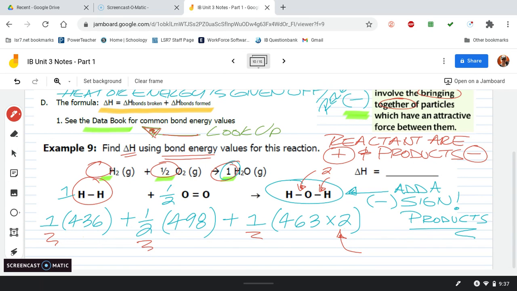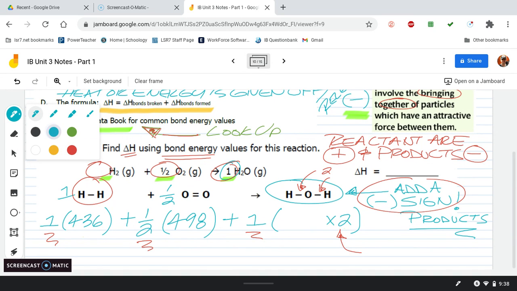Okay. And so the other thing that we have to do is that we said right here, we have to add a negative sign. We got to add a negative sign. So let's go and look at our 463. Since our 463 is a product, it's not going to be 463. It's going to be negative 463.